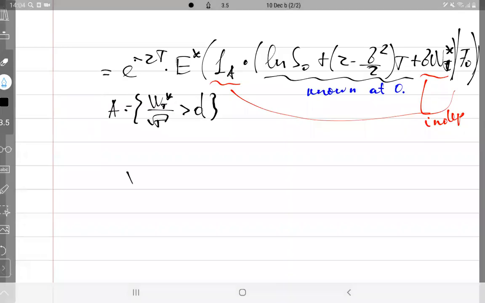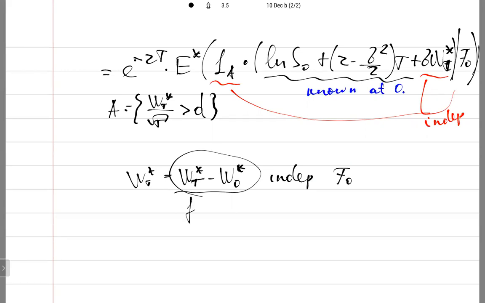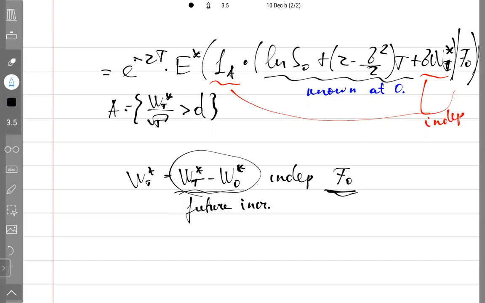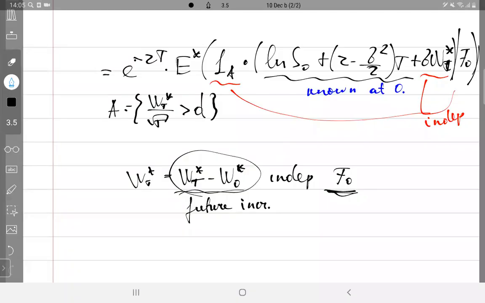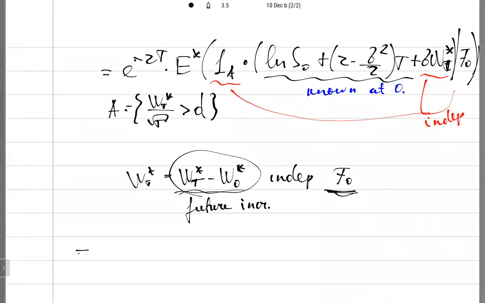Because W_T star is just W_T star minus W_0 star, and increments are independent of what we know. This is a future increment with respect to current information. So I can just move ln S0 out of the expected value and remove F0.